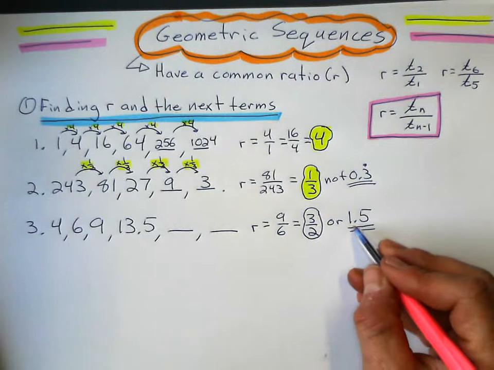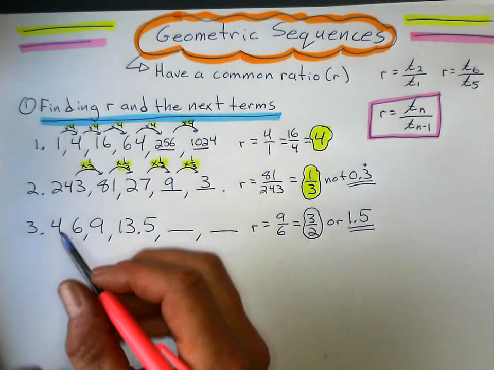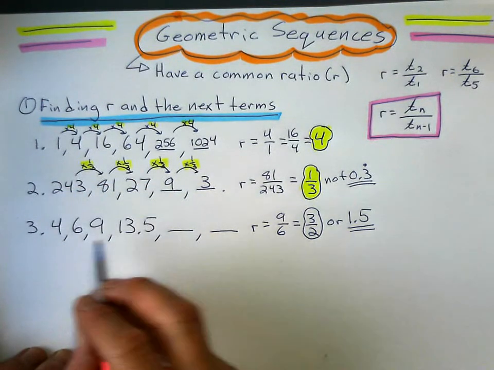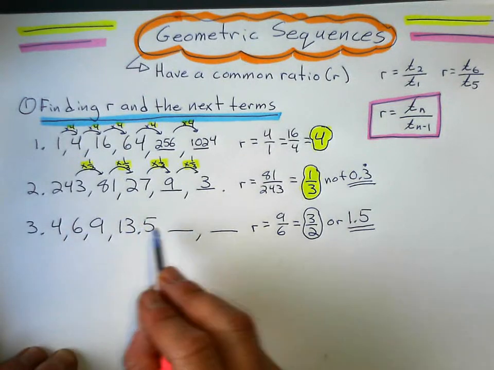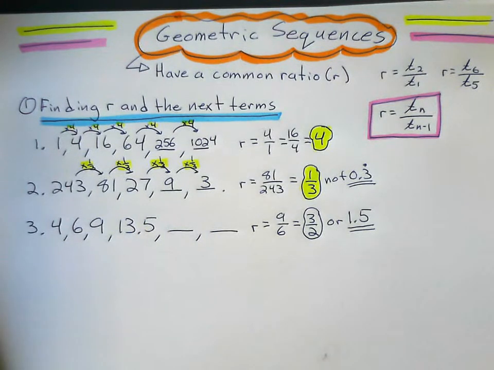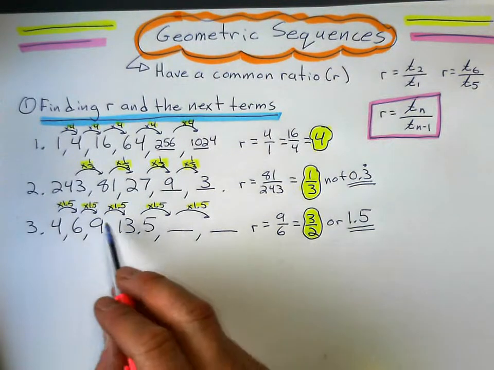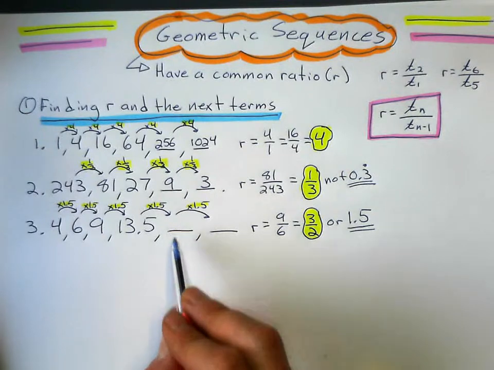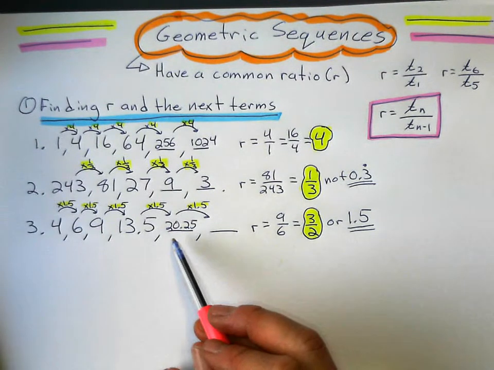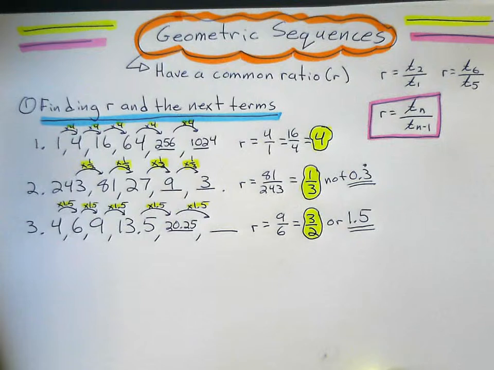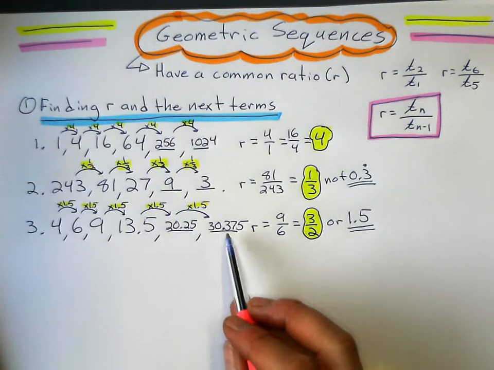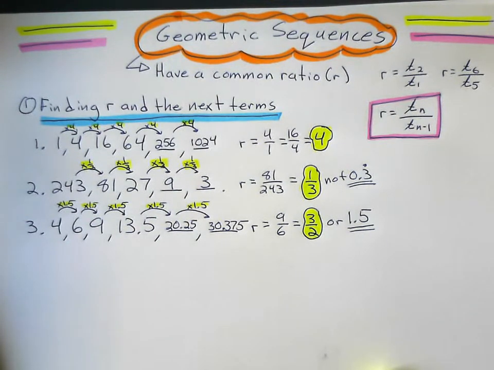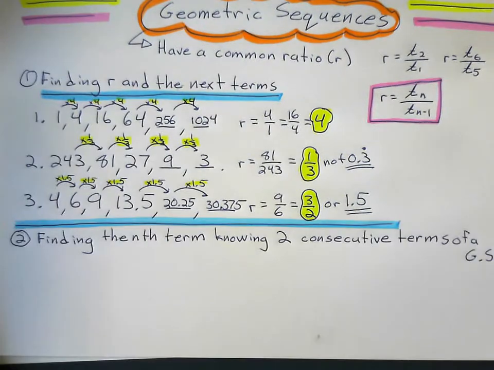It's a terminating decimal, so 1.5 is okay. So then we're going up by times 1.5 each term. This guy gives me 20.25. And then 20.25 times 1.5 gives me 30.375. Okay, that's great. Let's move on.